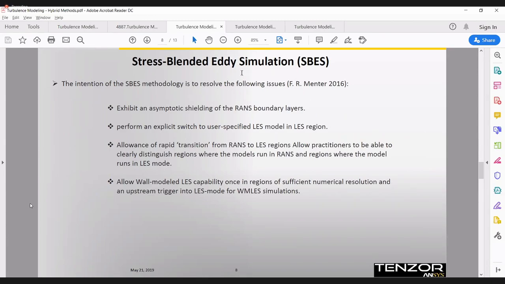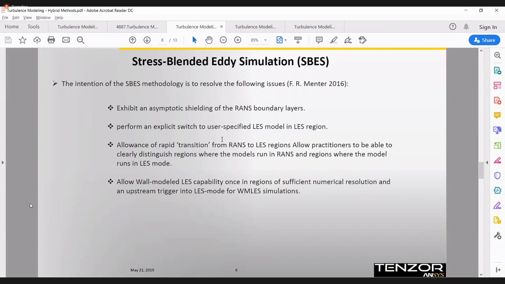Stress blended eddy simulation, that's in 2016. That's another one of these new paradigms. It's just a platform. It's not a model actually.